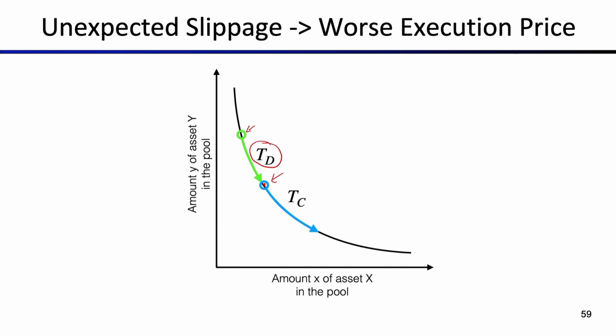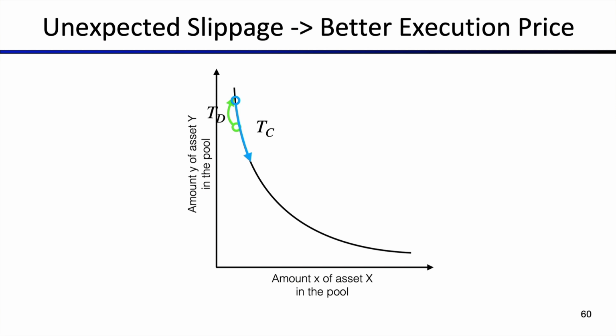If you execute here, you would certainly get a worse execution price. On the other hand, if you're front run by a benign transaction that trades in the other direction, you could end up getting a better price. So it goes both ways, really.